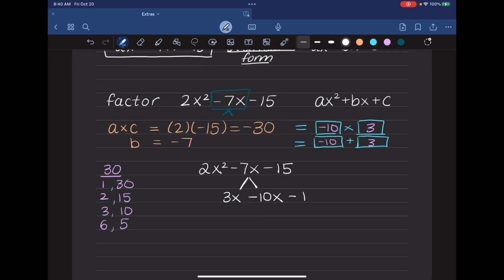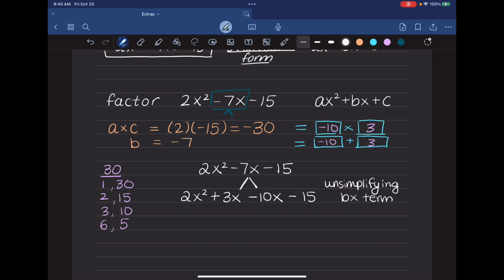And then I'm going to have this minus 15 and this 2x squared. Notice that if you were to simplify this polynomial, you would get back to the original, right? I'm basically just unsimplifying my bx term. I'm like uncombining like terms.